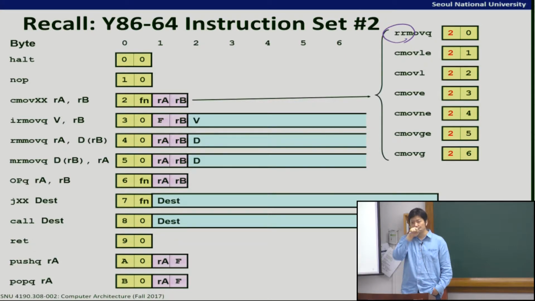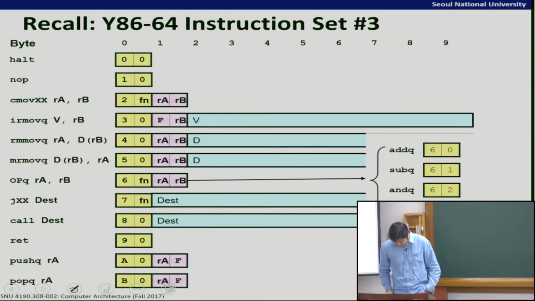The move actually happens only when this condition is satisfied after you check the CC, the condition code. Also in OPQ, the operation opcode, we have 4 different ALU operations supported: add, sub, and, XOR, and they are encoded as 60, 61, 62, and 63.